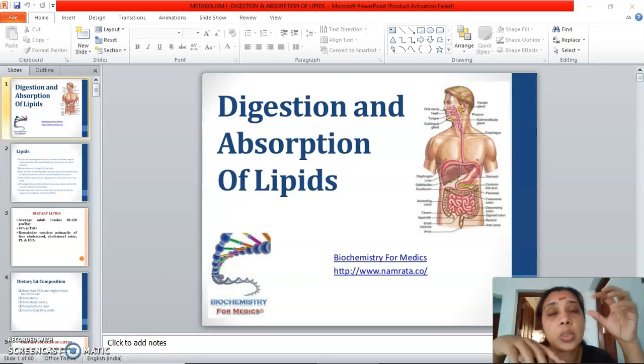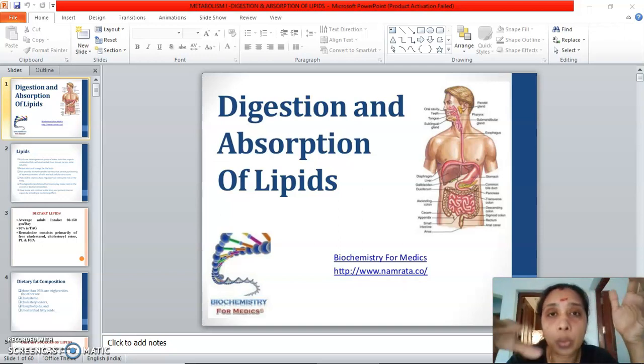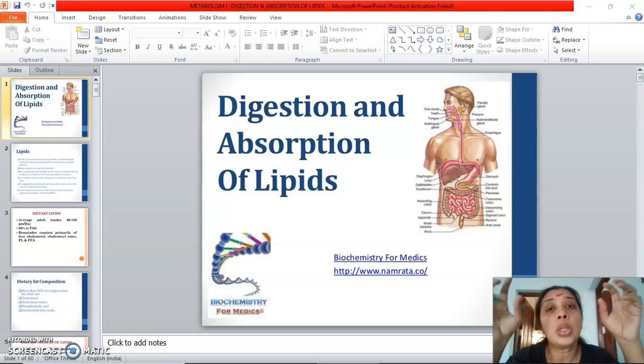They tend to act on polar substrates. But lipids being non-polar, it takes time for the enzymes to carry out their function. That's why the digestion of lipids is time consuming compared to carbohydrate or protein digestion.